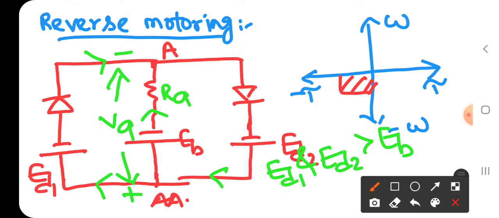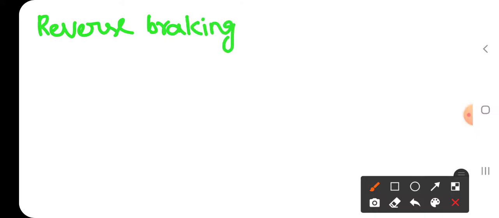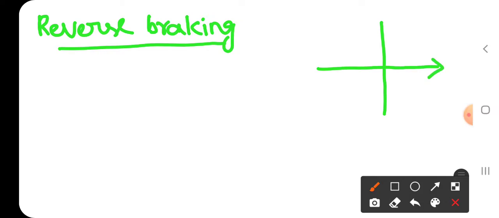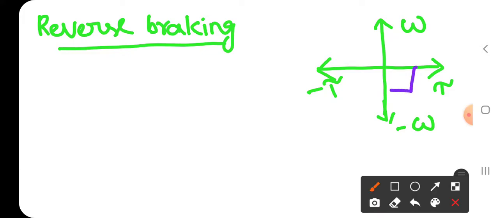Next, the last one is fourth quadrant operation, which is called reverse braking. If I draw the torque speed characteristics, this is torque, speed, minus torque, minus speed, where the characteristics lie in the fourth quadrant like this.